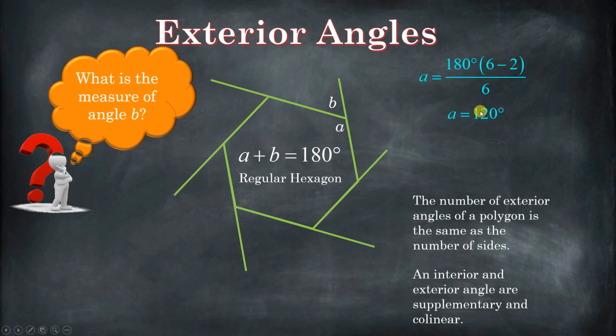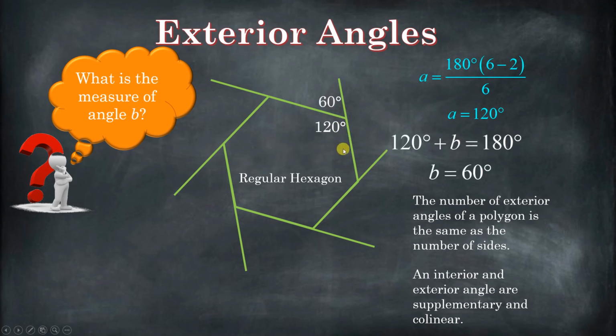We can figure out that A is 120 degrees because if you figured out the total, 720 degrees would be all of them, divided by 6 is 120. Now, if this is 120 and they make 180 together, then this B has to be 60 degrees, right? So you could just use some simple algebra if you had to write it out.